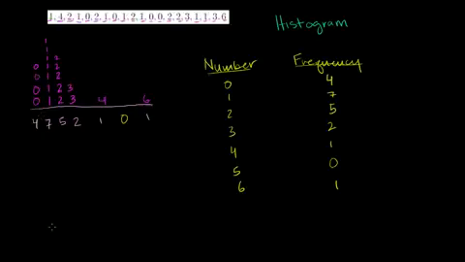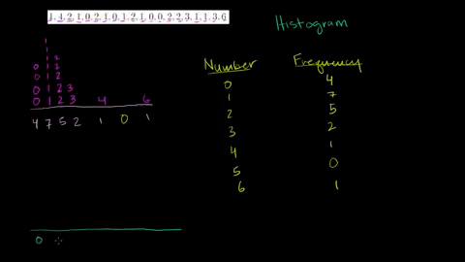So let me draw some axes here. The different buckets here are the numbers. And that worked out because we're dealing with very clean integers that tend to repeat. If you're dealing with things where the exact number doesn't repeat, oftentimes people will put the numbers into buckets or ranges. But here they fit into nice little buckets.